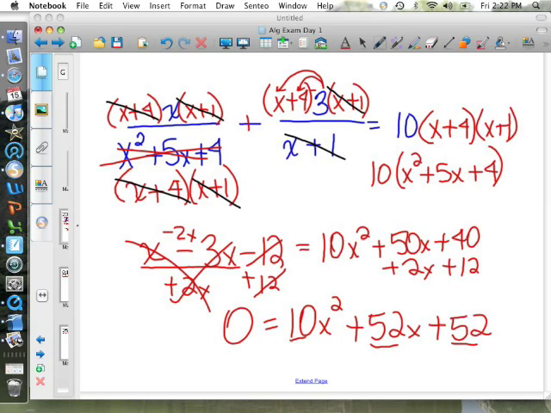It makes it a lot more difficult. If you simply get rid of the fractions in the beginning, then your equation is a lot easier to solve. From here, you would use your quadratic formula.